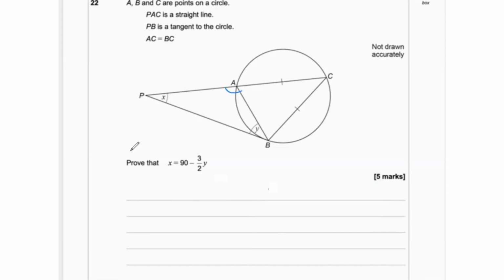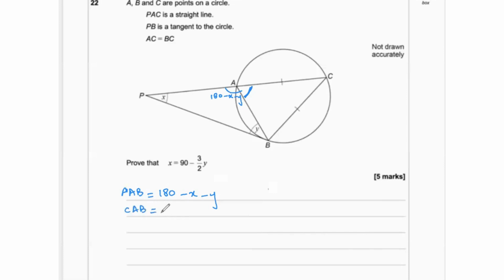So this will be 180 minus x minus y, because the sum of angles in a triangle is 180. So this is PAB, 180 minus x minus y. Which means this is going to be CAB.